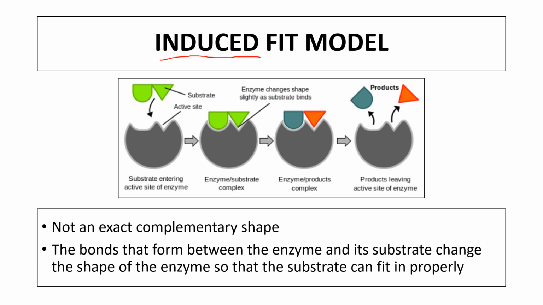You'll see here that the active site isn't exactly perfect, but when the substrate comes over, the chemistry between them changes the shape of this active site so that it is complementary to one another. And you'll see that this is another example of a catabolic reaction, a bigger substrate turning into two smaller products. So it's good to know both different models.